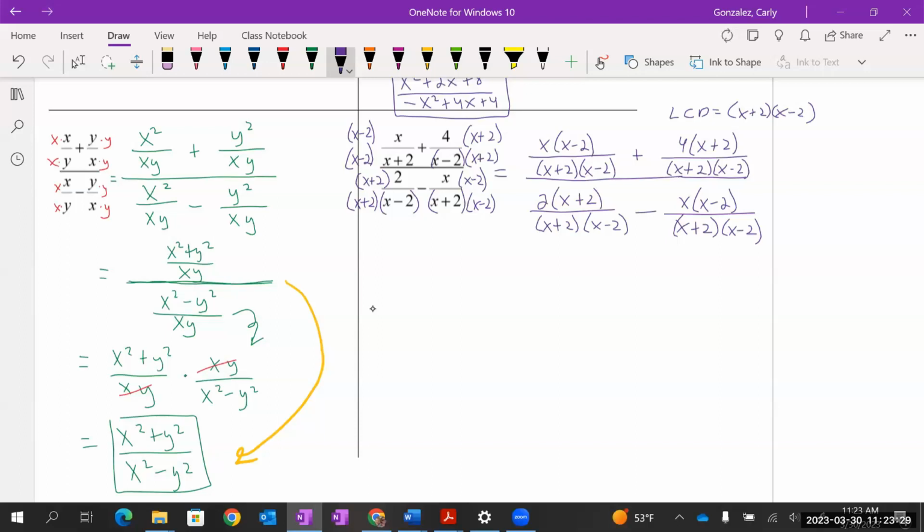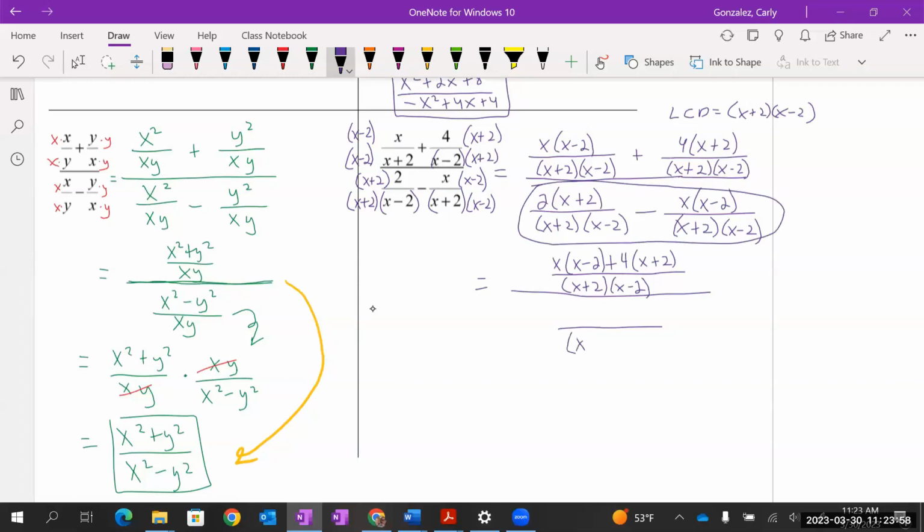All right. So now I'm ready. In the numerator, they have the same denominator, so that denominator stays the same, x plus 2, x minus 2. And then I can put those numerators together, I'll add them. I'll simplify in a moment. Same thing in the bottom big denominator, I have that common denominator, x plus 2, x minus 2.